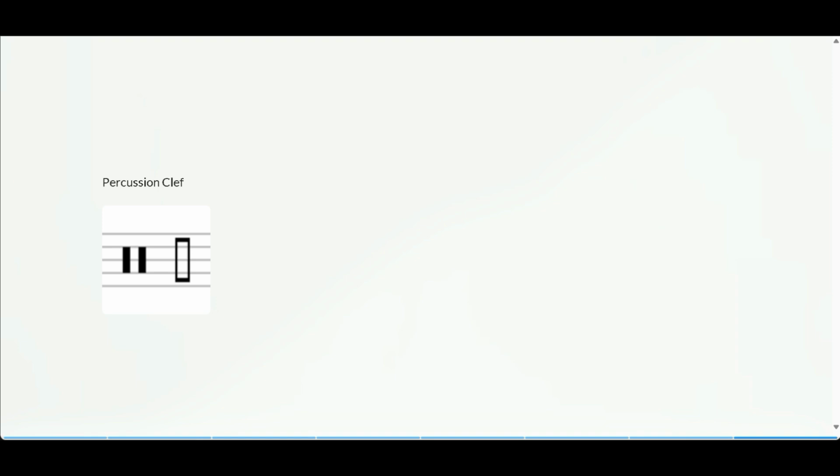And in this you don't have notes, you have lines or spaces representing drums. Each line is representing a drum or each space representing a drum.